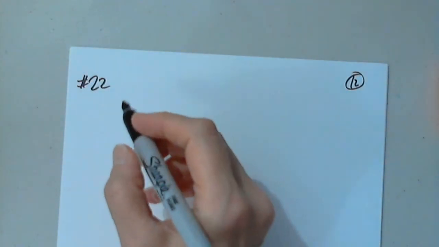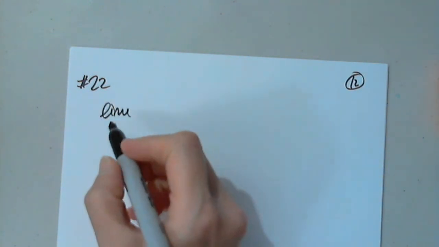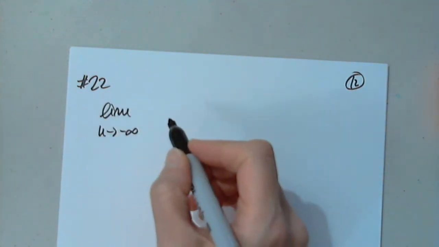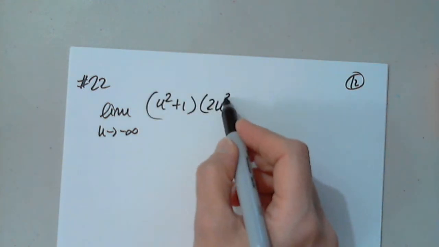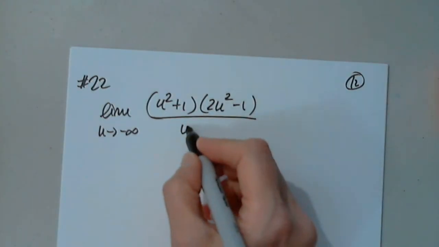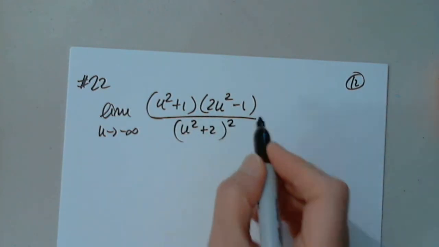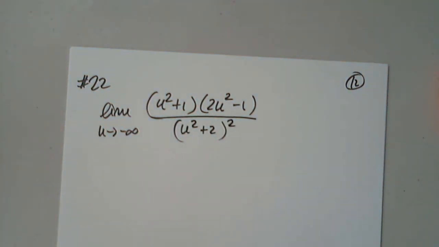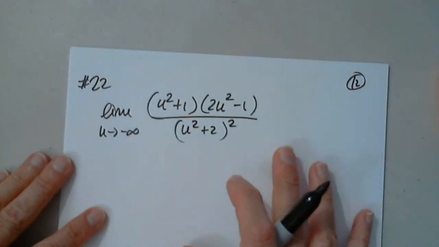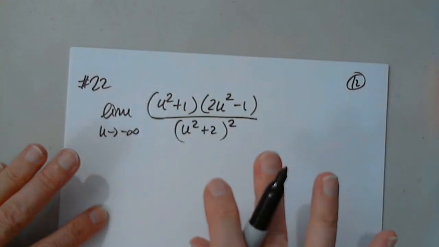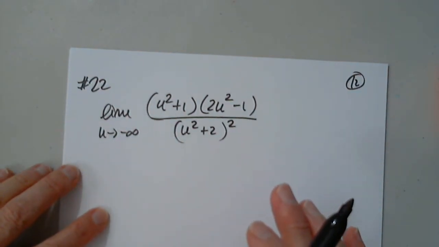Let me copy it. Make sure I copy correctly. Limit as u approaches negative infinity, of u squared plus 1 times u squared minus 1 over u squared plus 2 to the second power. Excellent. Okay. Now, in this particular situation, although I always tell you, and now you're changing the rules on us.